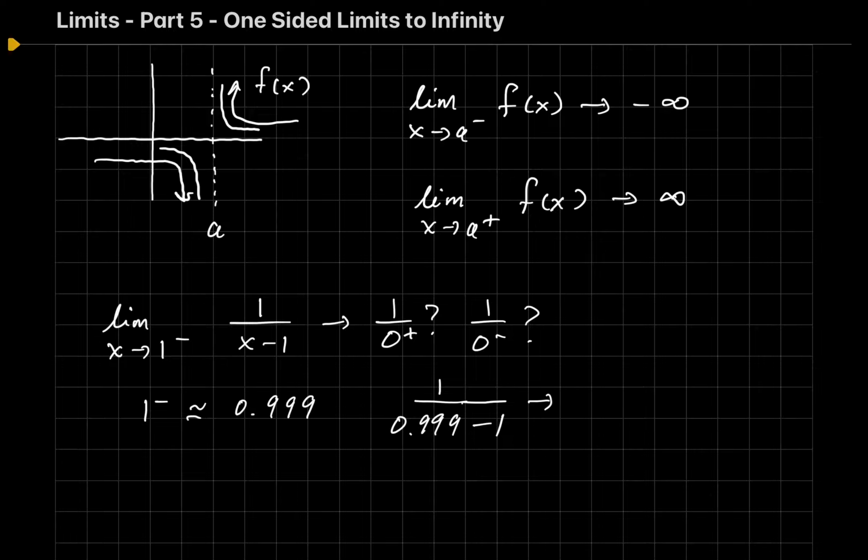And I could keep adding nines and nines and nines, but the point is that I'm getting close to 0, but the value in the denominator will always be negative. So this would be the correct answer: a positive 1 over a negative 0, or really 1 over 0 from the negative side, which gives us negative infinity. Why is it negative? Because positive over negative gives us negative.